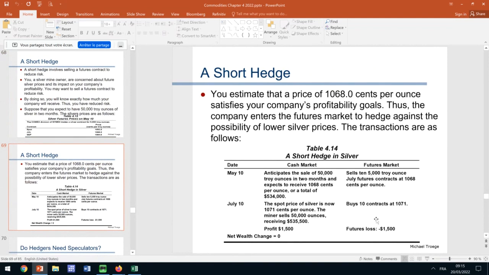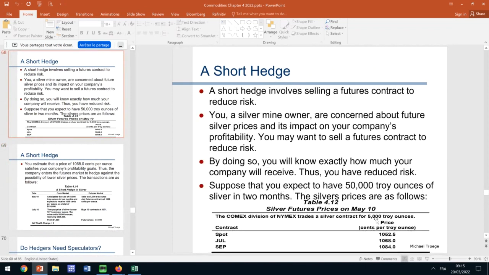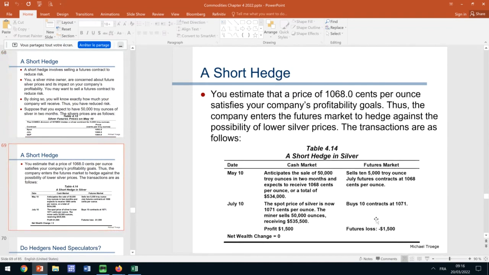So this is again a silver mine. Obviously, if you anticipate a certain amount of silver output in the future, you should just forward sell.